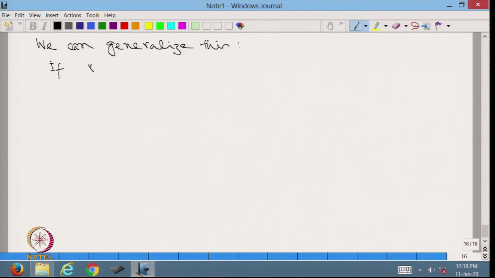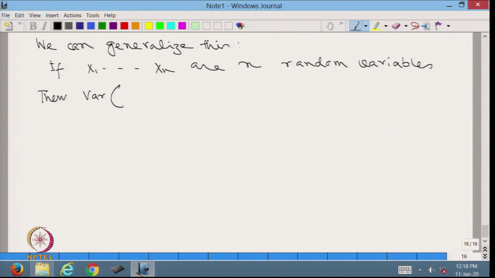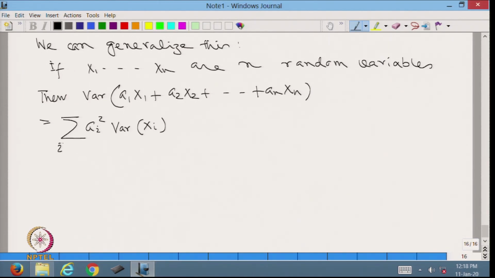If x1, x2, ..., xn are n random variables, they need not be independent, they are just n random variables, then variance of a1 x1 plus a2 x2 plus ... plus an xn is equal to, I am writing you the formula, you please verify in a very similar way, it is coming out to be sigma ai square variance of xi, i equal to 1 to n, plus sigma sigma i not equal to j from 1 to n.